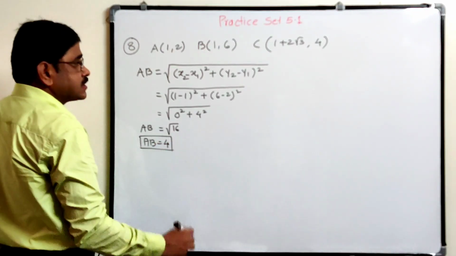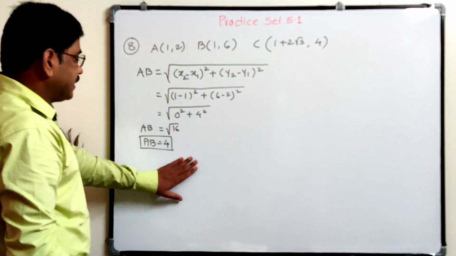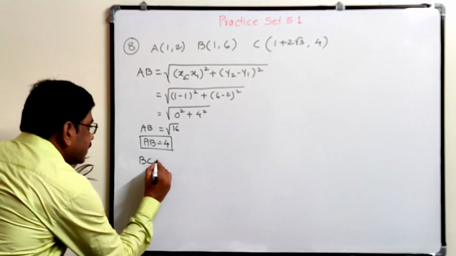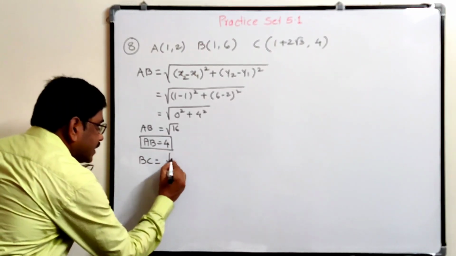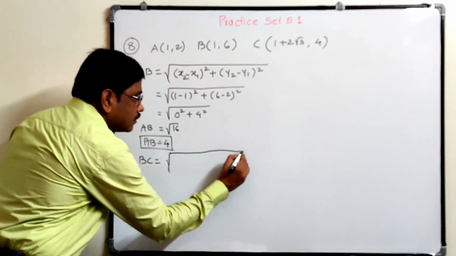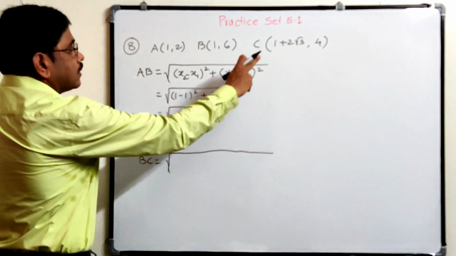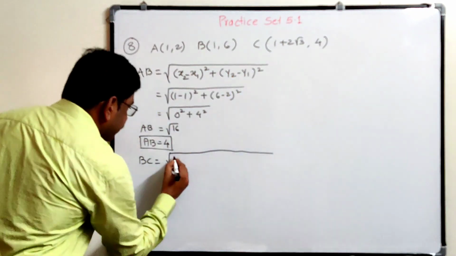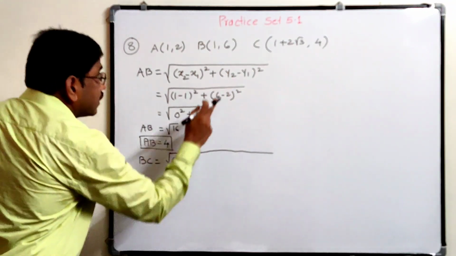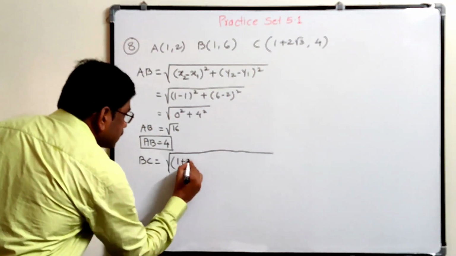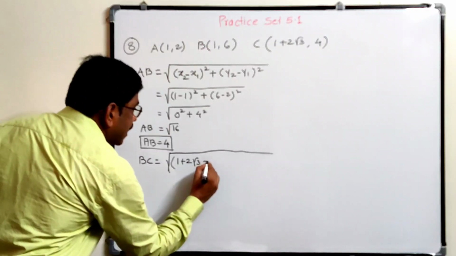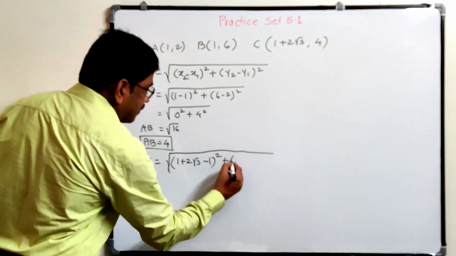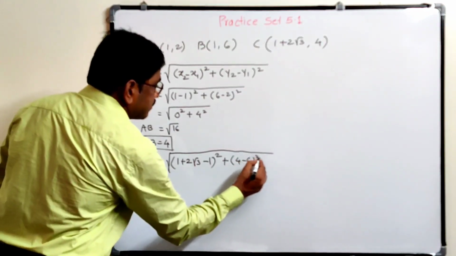So we get the first distance. Second one is BC. Now BC we are writing directly without the formula. So here 1 plus 2 root 3 and minus 1. See, x2 is 1 plus 2 root 3 and x1 is minus 1, bracket square, plus y2 minus y1 means 4 minus 6 bracket square.